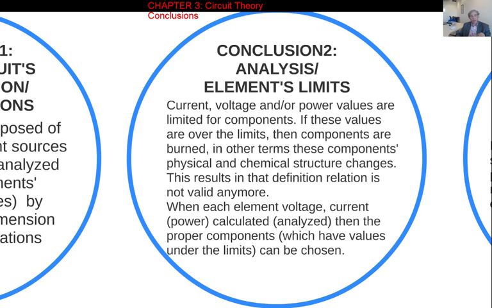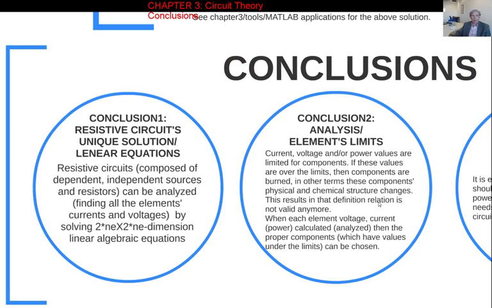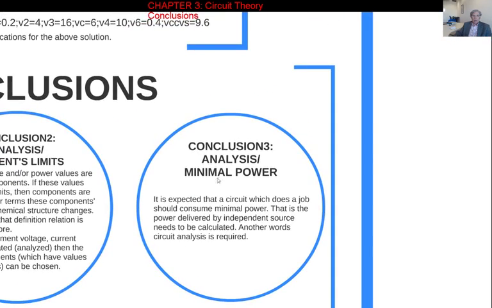Otherwise, if you put a 0.25 watt resistor there, it's going to burn. So this is the explanation why we are calculating all the elements' current and voltages. The last conclusion is the analysis, the minimal power.